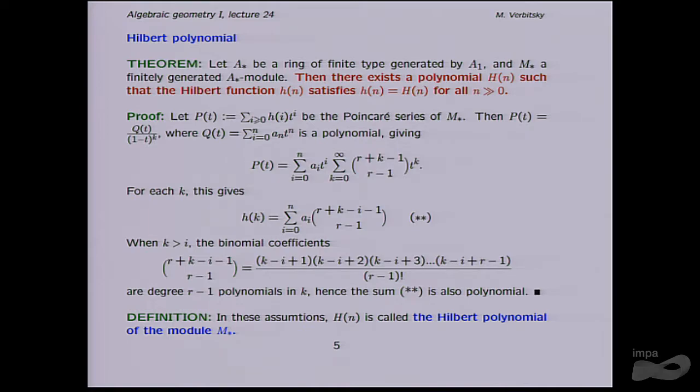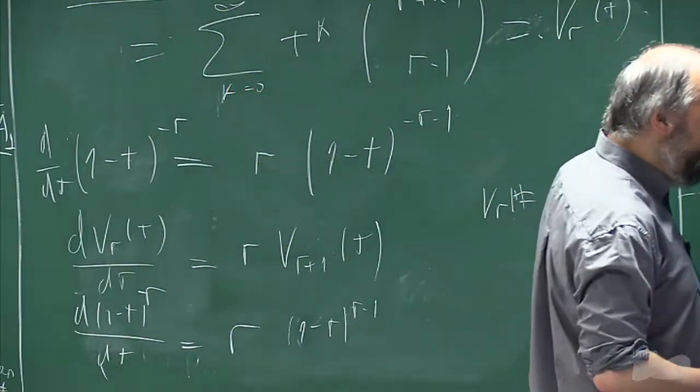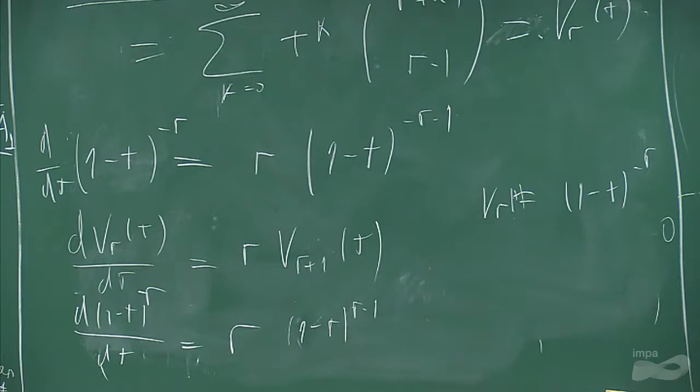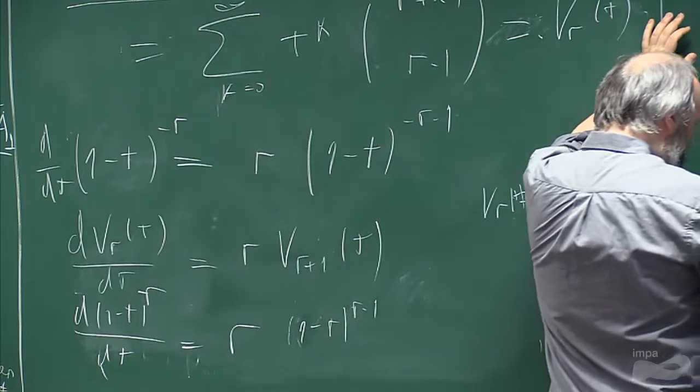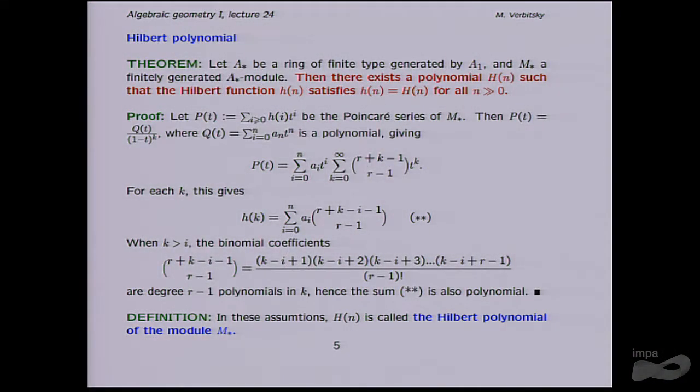Why is it so? You look doubtful. Okay, I will write it as usual. This binomial coefficient is equal to, you take on the top the product of.